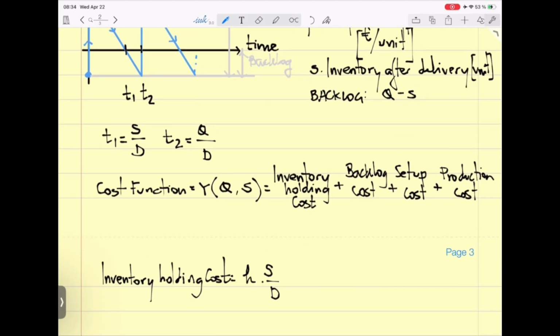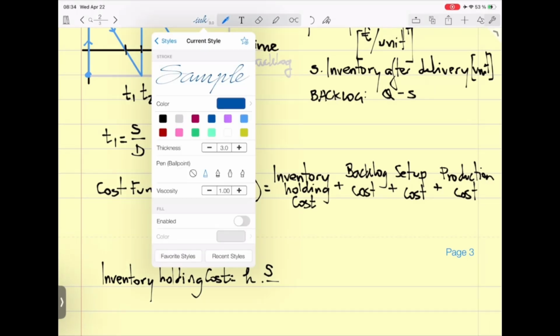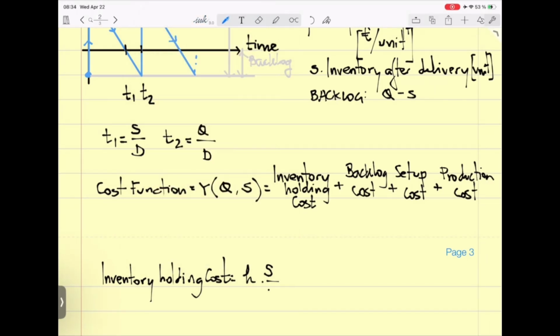Sorry, it's a 2, not a D. Times the time to consume the inventory, times the frequency, how often you do this.